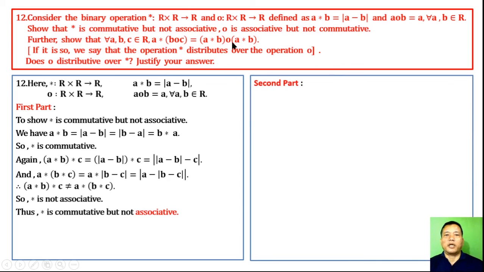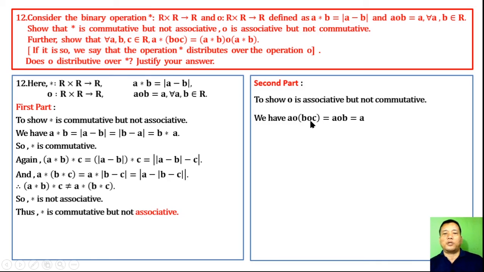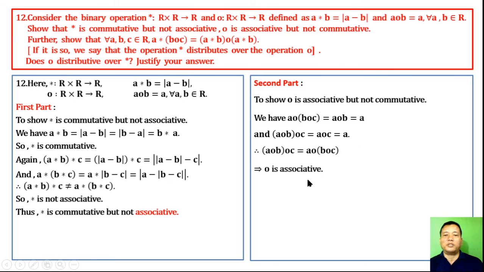Second part: O is associative but not commutative. To show O is associative, take A O B O C equal to A O B O C. On one side, B O C is B by definition, so A O B O C is A. On the other side, A O B is A, and then A O C is A. Both sides are equal, so O is associative.